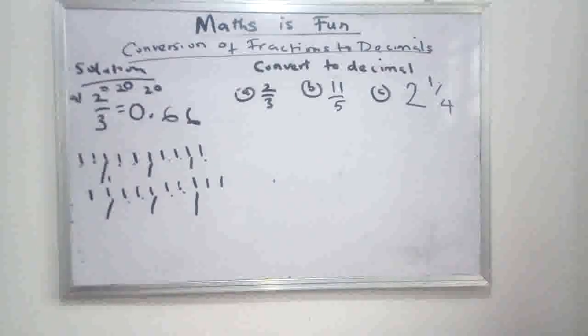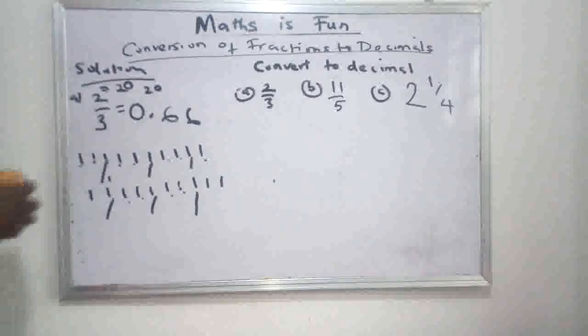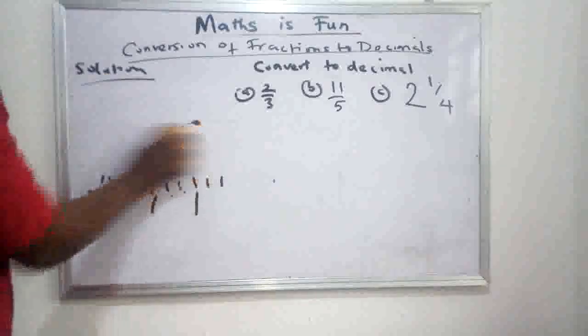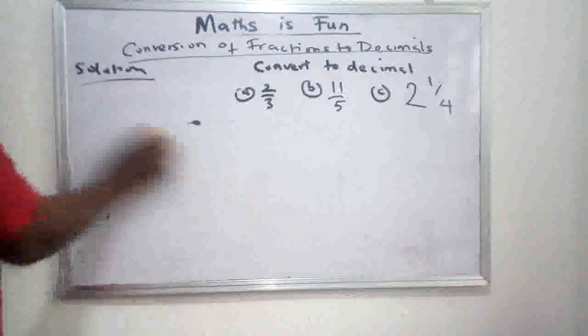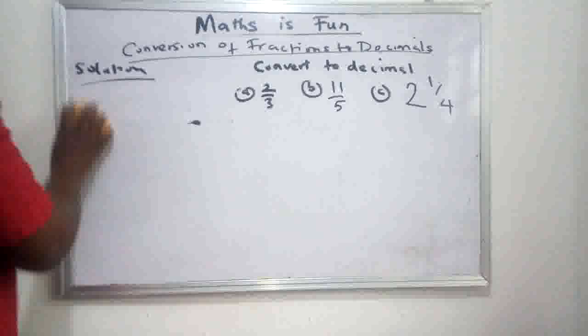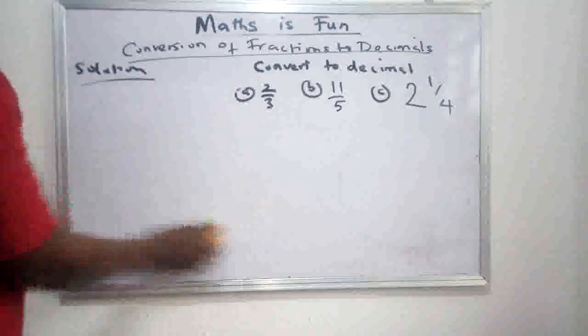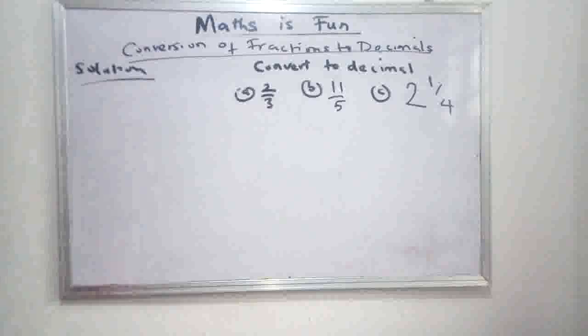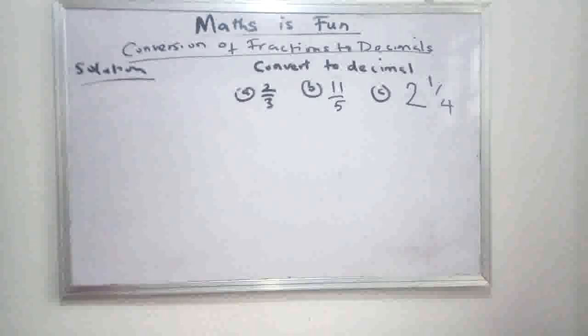With this in mind, we move to the next, the big question that says you should convert 11/5 to decimal. So let's quickly do this. I'm not sure if this will give us a recurring decimal. So let's just try it and see.